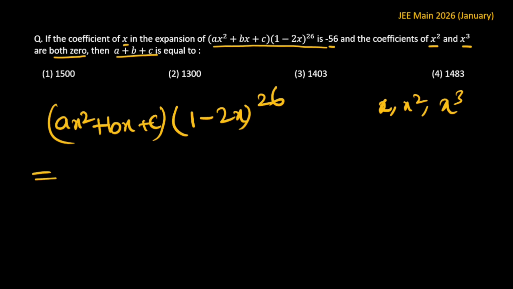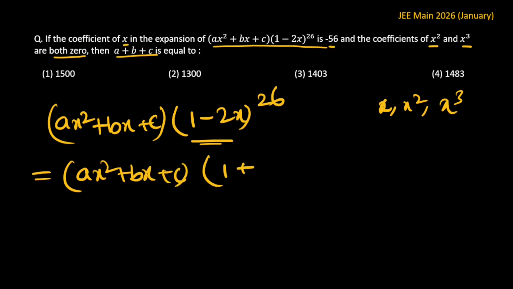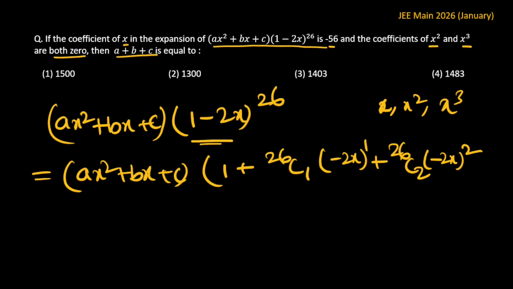Now we break this expression using binomial expansion. (ax square plus bx plus c) times 1 plus 26c1 (minus 2x) power 1 plus 26c2 (minus 2x) power square plus 26c3 (minus 2x) power cube, up to (minus 2x) power 26.